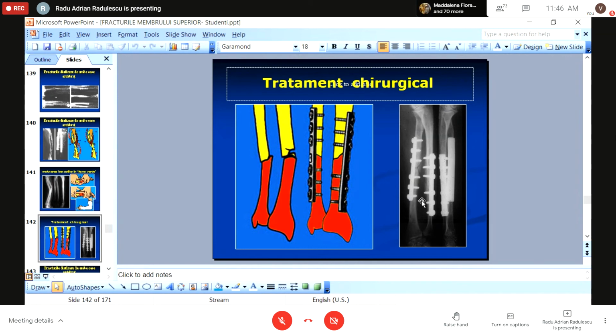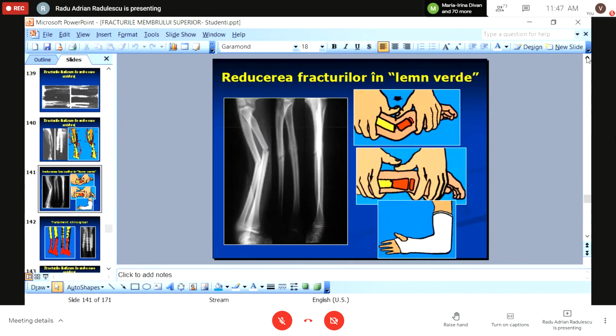The ulna is more or less straight, but the radius is S-shaped in order to allow its rotation around the ulna. So during reduction of the radius, we need to restore this S-shape of the bone in order to restore the whole degree of pronosupination. And of course, fixation with these plates and screws.